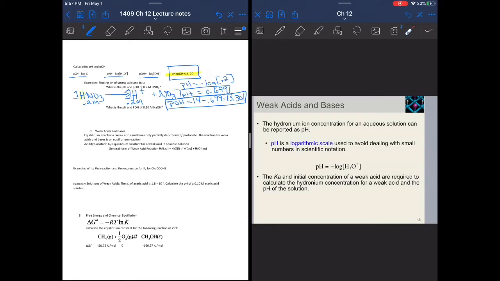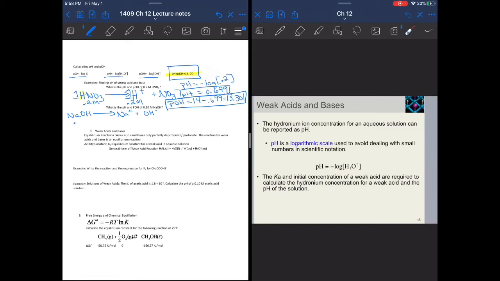Now let's do one with a strong base. We know that NaOH in water is going to completely dissolve. So I'm just going to do the solubility reaction here. We know it's going to completely dissolve into Na plus and OH minus.